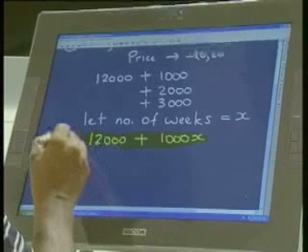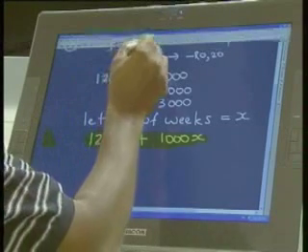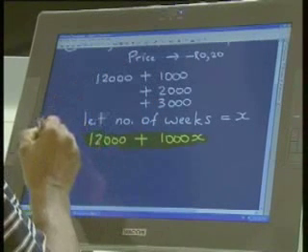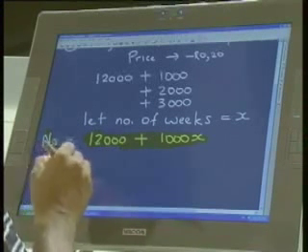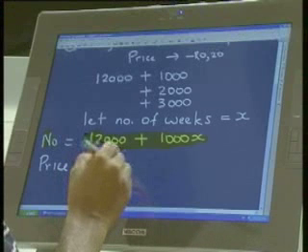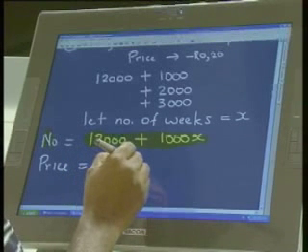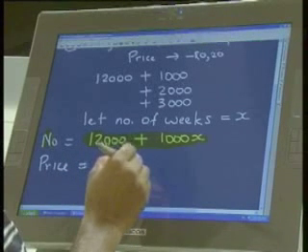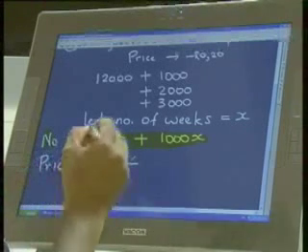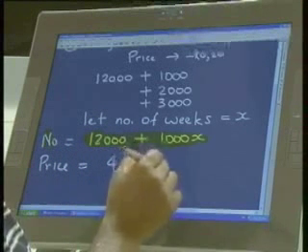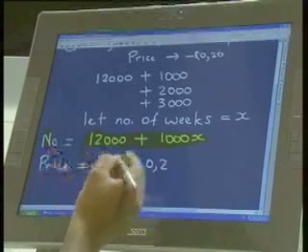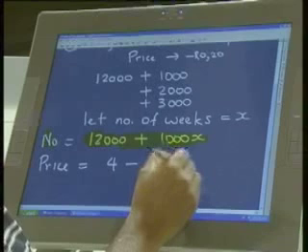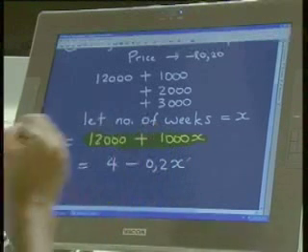Now, the price is the other thing. So this is the number of potatoes he's going to get. Now, the price, what's happening to the price each week? It's decreasing by 20 cents. So it's 4 rand minus 20 cents for the first week, 20 cents times 2 for the second week, 20 cents times 3 for the third week, and therefore for x weeks it will be 20 cents times x.